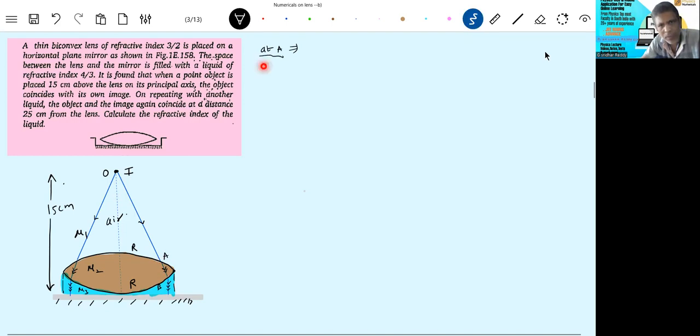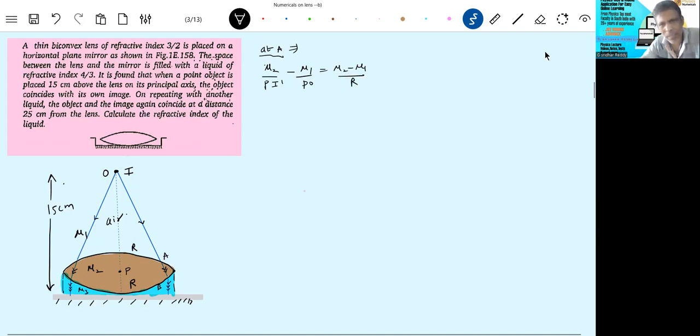So this will be mu2 over v dash minus mu1 over u equals mu2 minus mu1 by R. Everything I'll measure from P, the center, because it's a thin lens. u will be minus 15. I'll substitute all the signs later on.